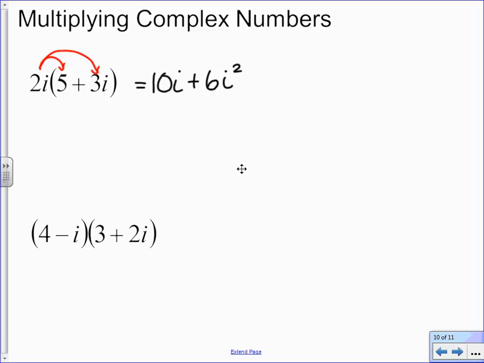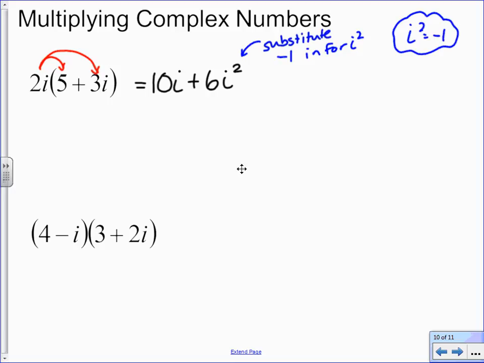i squared is -1. So when you do multiplication, and you take this 2i and you multiply it by 3i, and i times i becomes an i squared, then you're going to have to do some substitution here. So we're going to substitute -1 in for i squared, because we know from our previous notes that i squared is equal to -1.